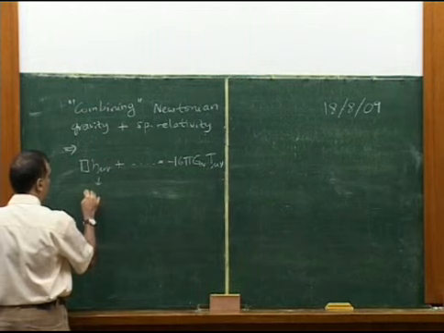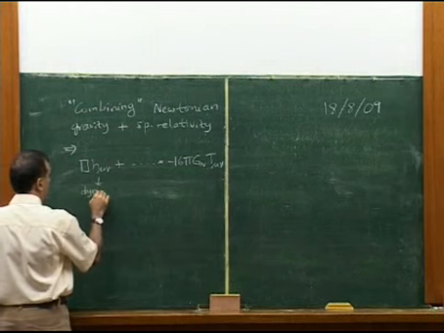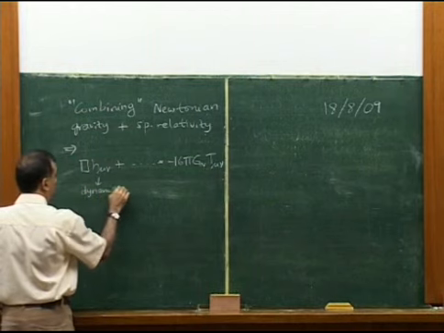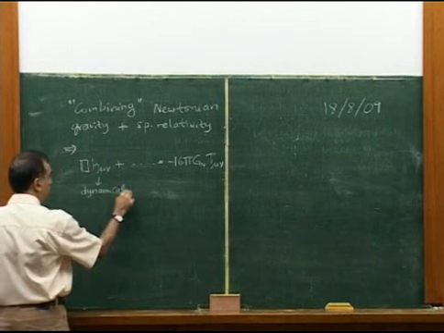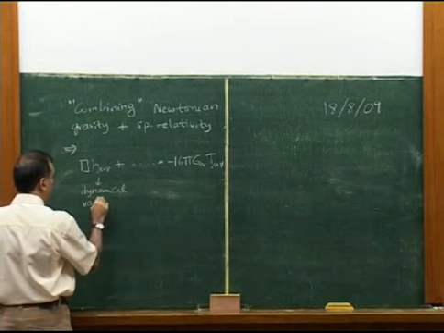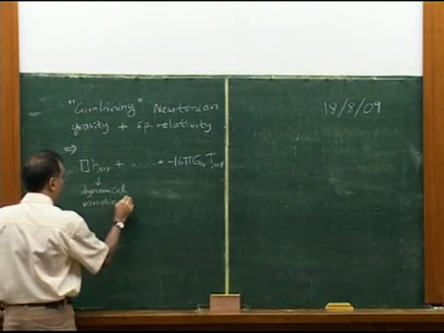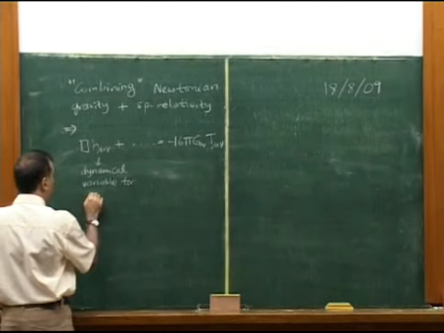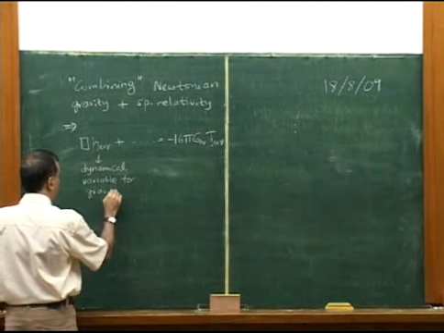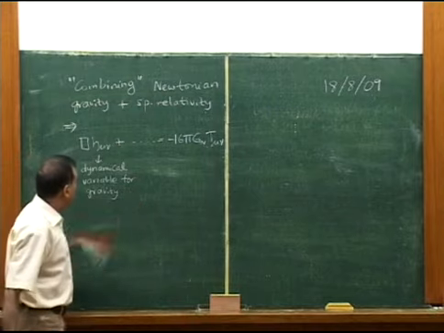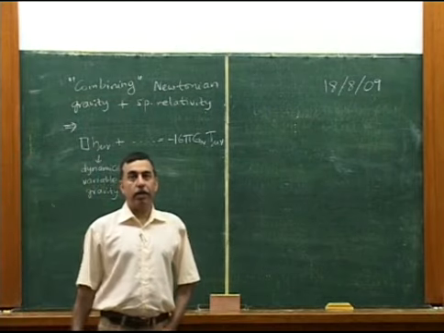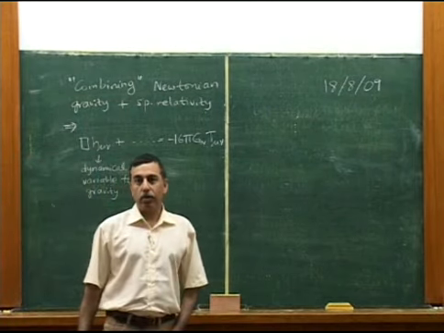So according to our analysis, this should be the dynamical variable for gravity, rather than just the scalar function phi, which was the Newtonian potential.